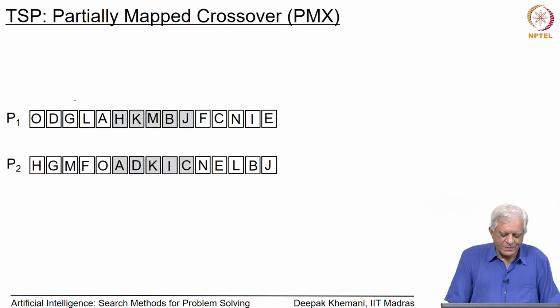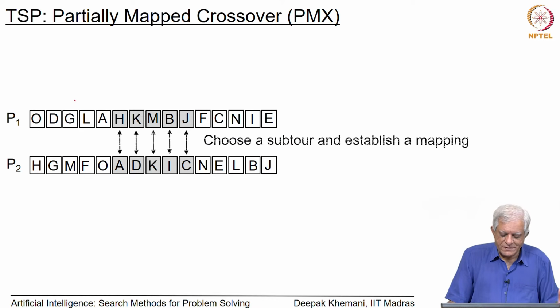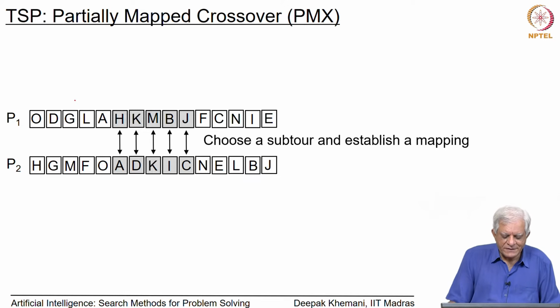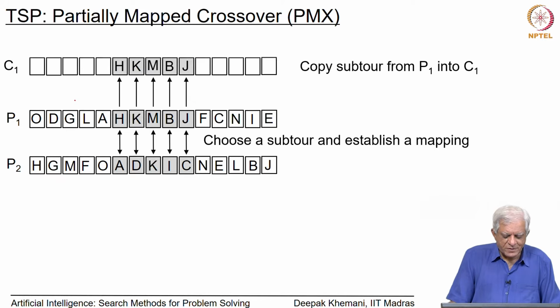Having selected these subtours, we establish a mapping between these cities, and we would use this mapping to decide which cities to copy into each child. The basic idea is that this subtour that we have selected will pass on to one child each from each of the two parents, and the remaining cities we will try as much as possible to get from the second parent essentially. So, that is the process.